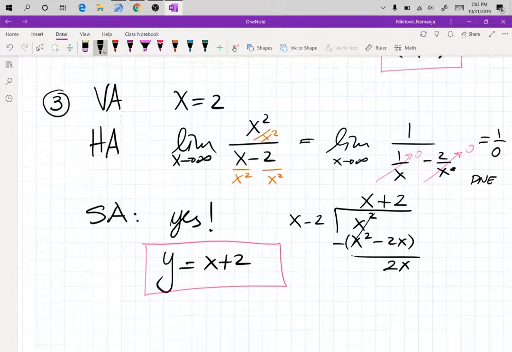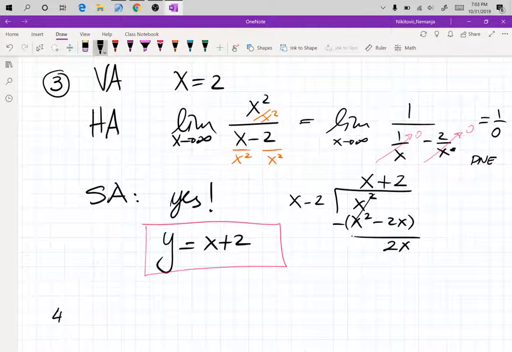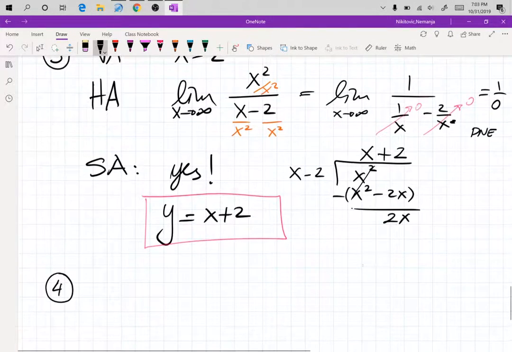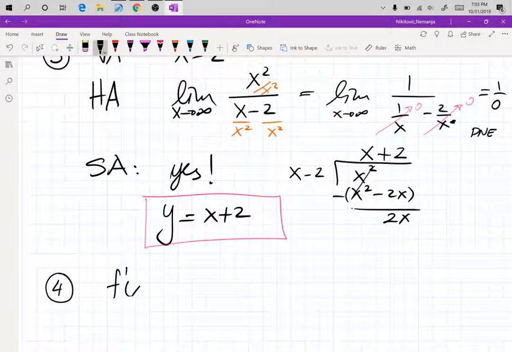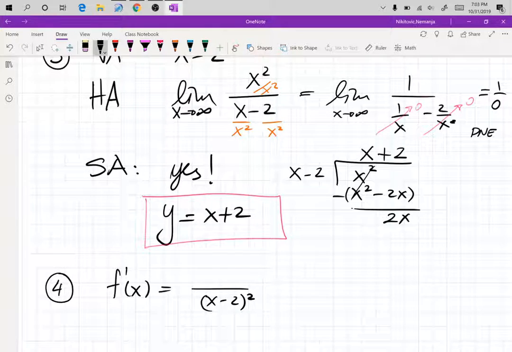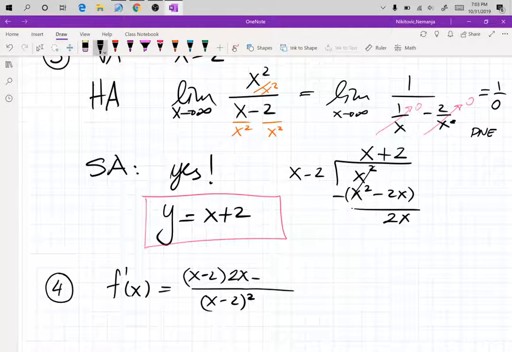So now, in number 4, we are going to find the first and second derivative. We can use the quotient rule. You can use logarithmic differentiation, whatever makes you happy. That's the goal of math, right? Happiness is our primary concern. x squared times 1.